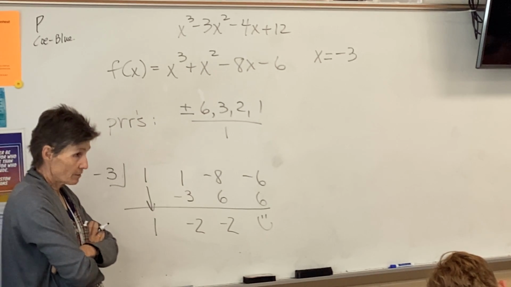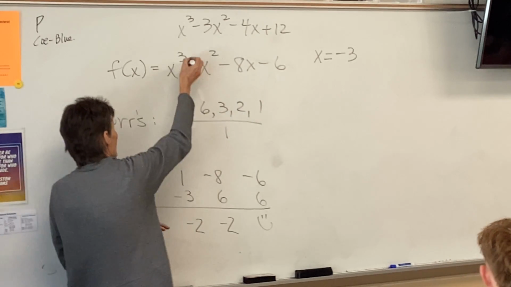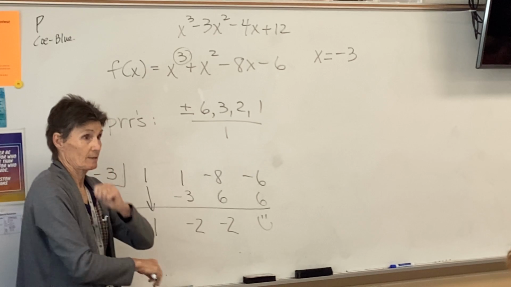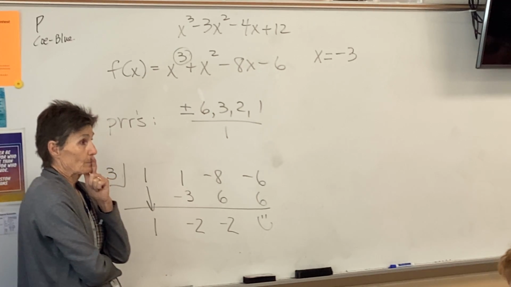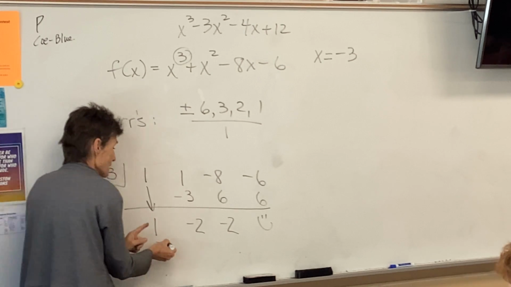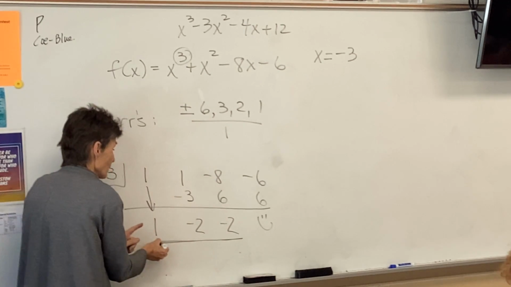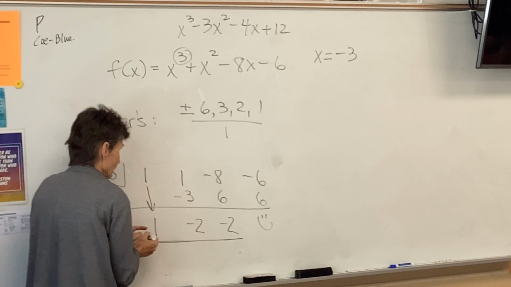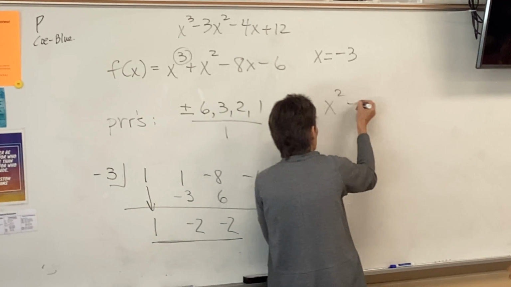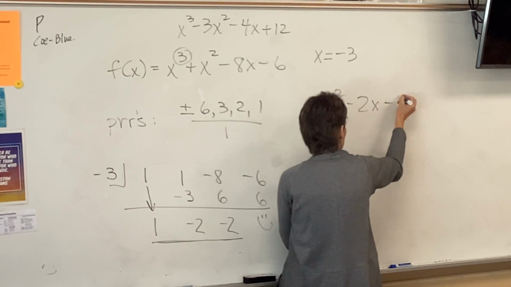Now, there are still 2 more. This problem was x cubed. X cubes have 3 roots. What's this right here? What does that stand for? 1x squared minus 2x minus 2.